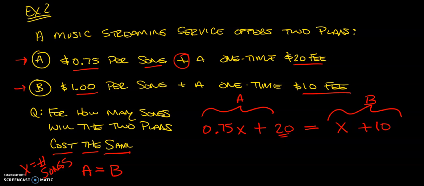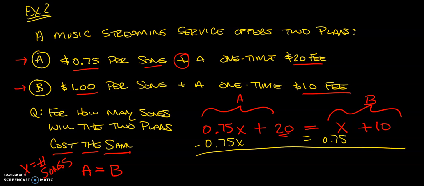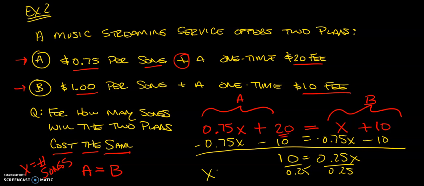The easiest way to solve this would be to subtract 0.75x from both sides, and subtract 10 from both sides. That's going to give you 10 equals 0.25x. We're going to divide both sides by 0.25, and we get x equals 40.